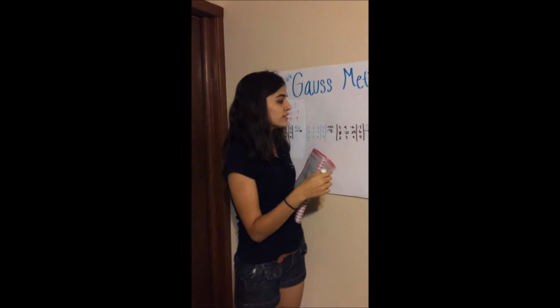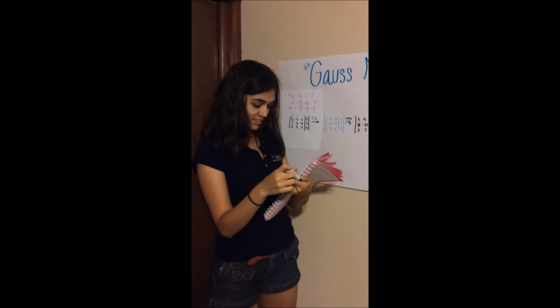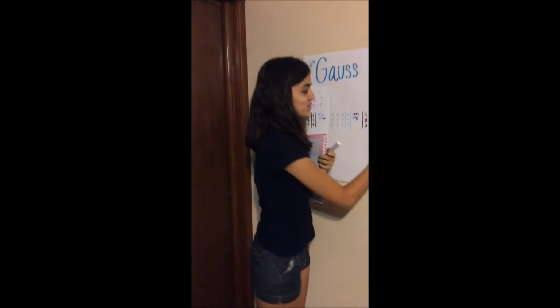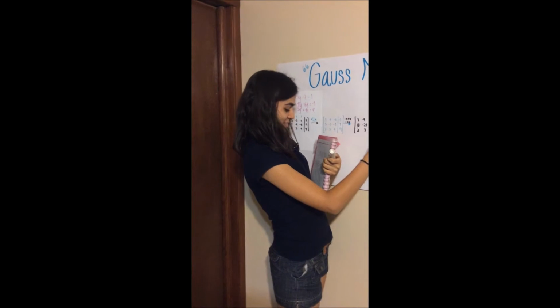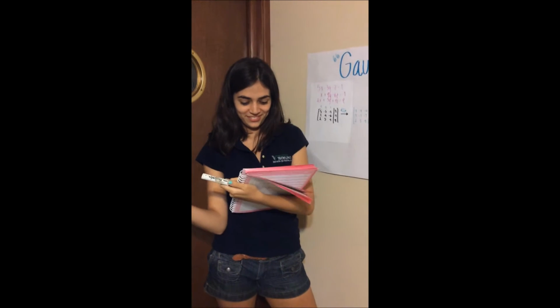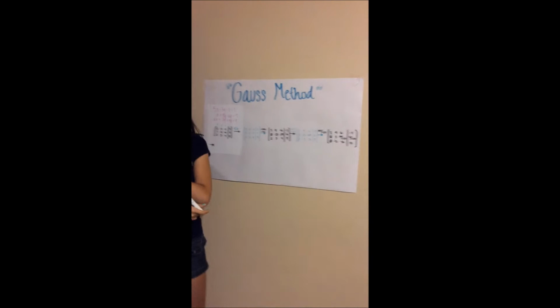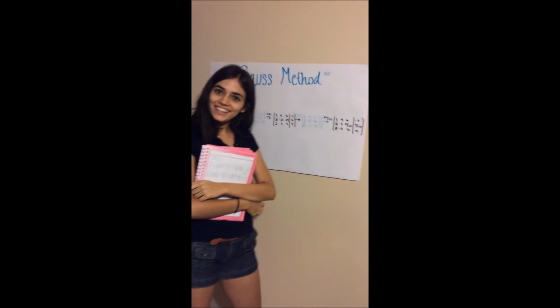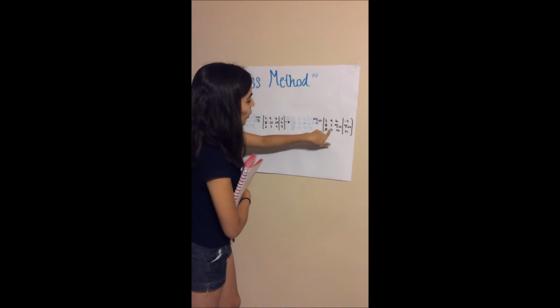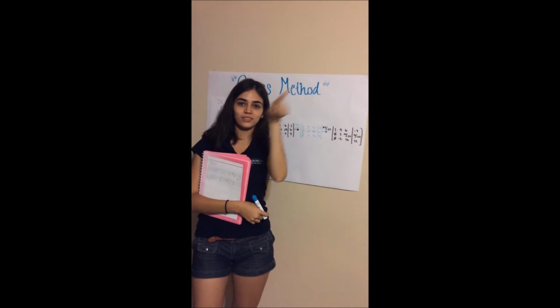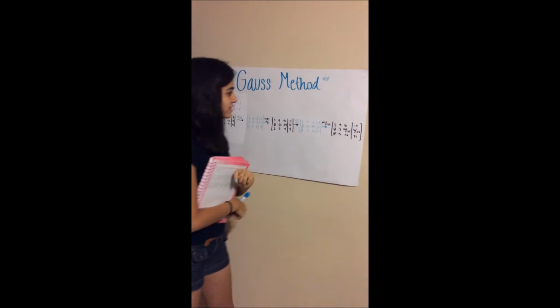We are going to divide row 2 by minus 23. The result that we got is this. What we have to do next is to have a 0 over here to form the triangle.